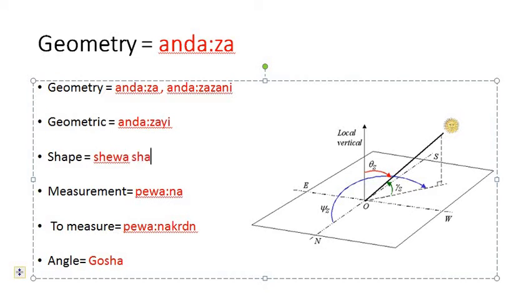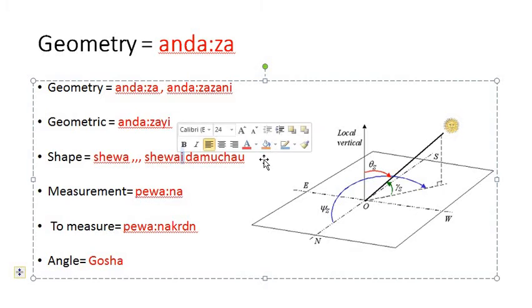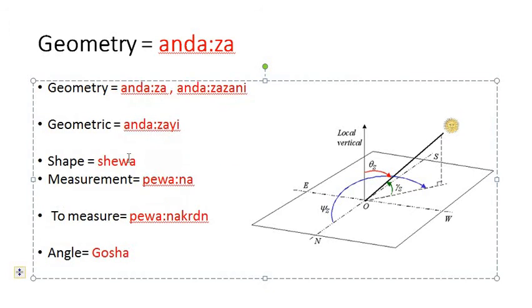For example, if I say shape of the face in Kurdish, I would say shewai damuchao. Damuchao means face. This i, we added it. It's called amrazidanapal, means the tool of sticking or something like that. I think this is equivalent to izafe in Persian language. But anyway, just for your information, shewa is shape.